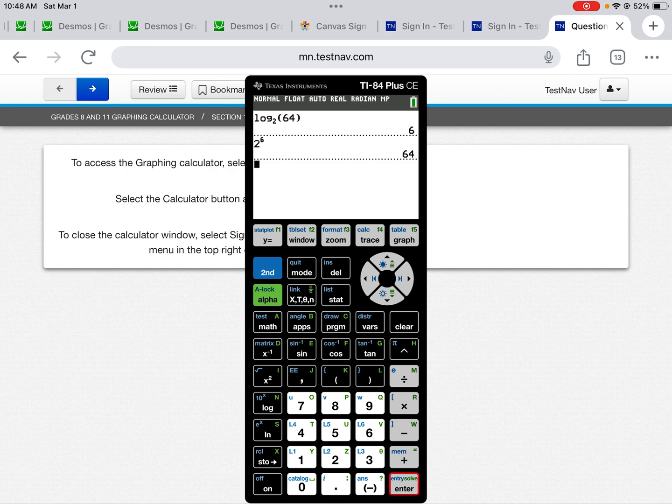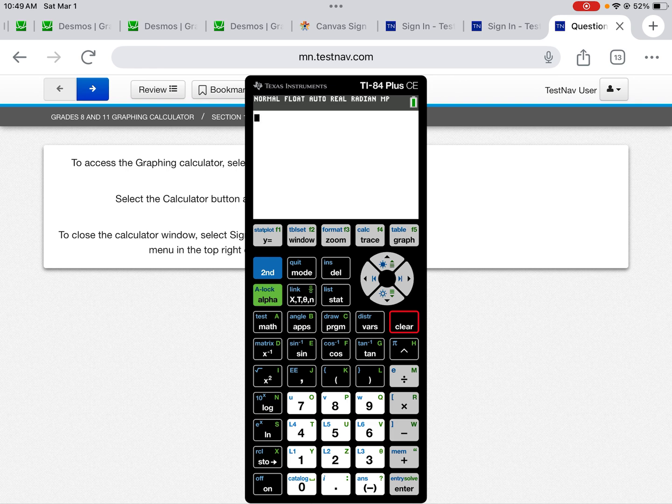By the way, there's 2 ways to get this log. The other thing you can do is you can hit the key that says log, and you can type in 64 and close it, and then you can go divided by, and you can hit the key that says log and type in 2, and that will also get you 6. So this is what I'm saying.